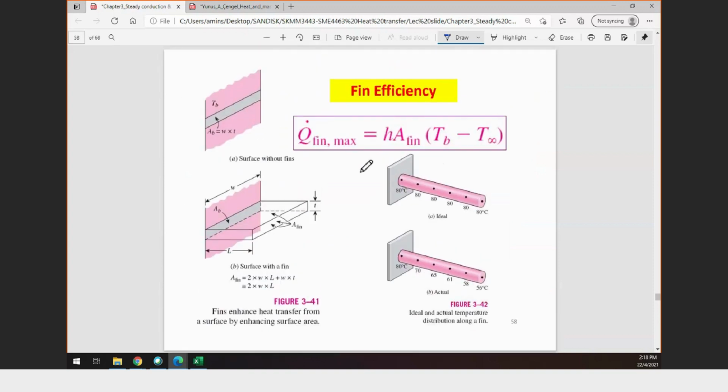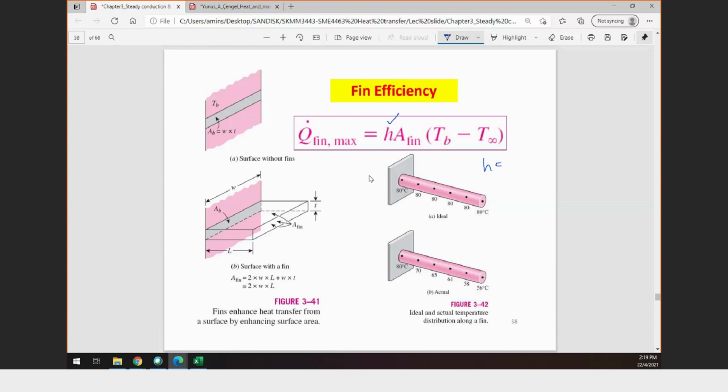So if you look in detail at how to calculate the fin maximum, you need an h value, where the h value is the heat convection coefficient of the surroundings. Okay, normally it is given in the problem, or you need to define it from the convection coefficient correlation.